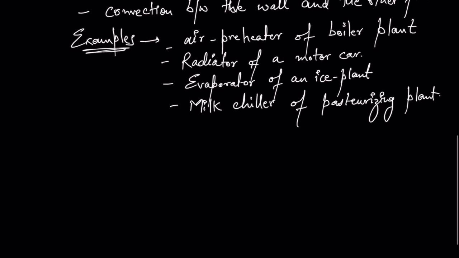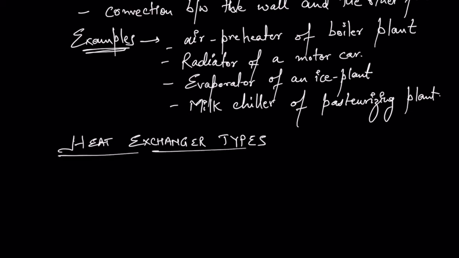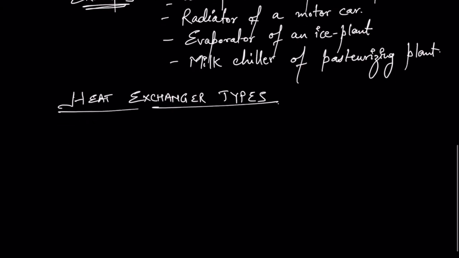Heat exchanger types. Heat exchangers are generally classified according to the direction of flow of the hot and cold fluids with respect to each other, or according to the temperature distribution of the two fluids along the exchanger length.